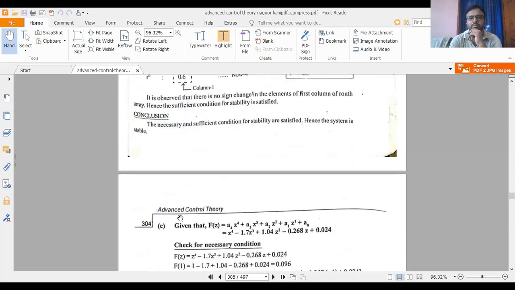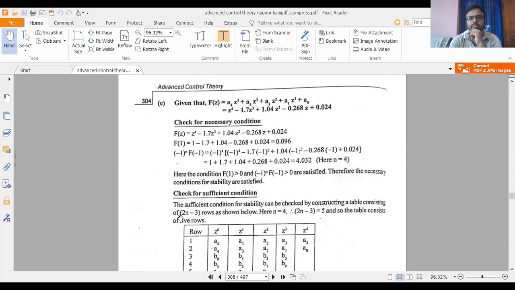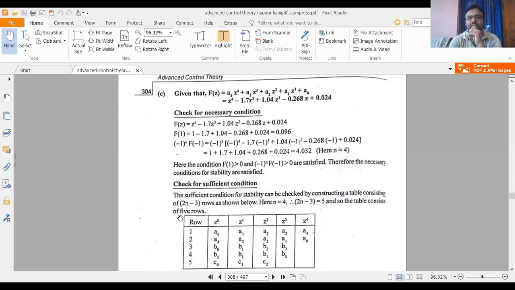Okay, so the last problem. This is the characteristic equation, which is of order Z power 4: z power 4 minus 1.7 z cube plus 1.04 z square minus 0.268 z plus 0.024.